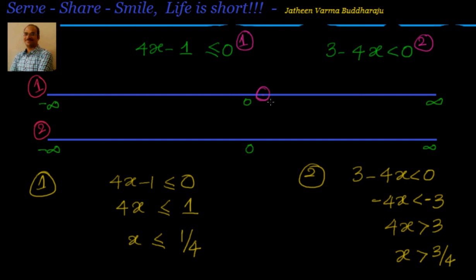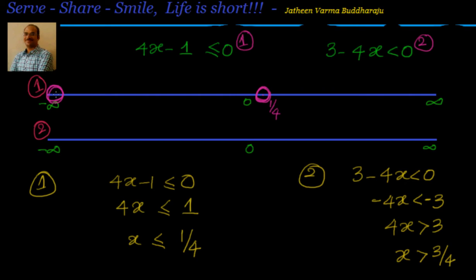So let us say that is one value, 1 by 4, and another one is infinity. So less than or equal to 1 by 4 is nothing but minus infinity to 1 by 4. What is the solution? Minus infinity to 1 by 4.